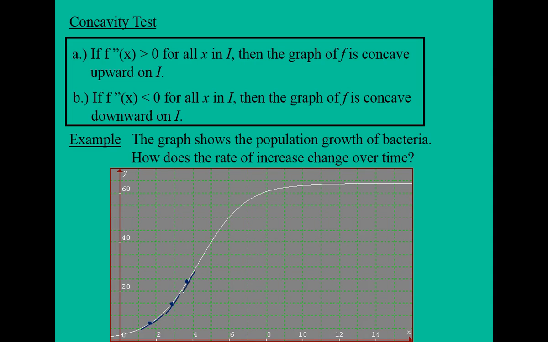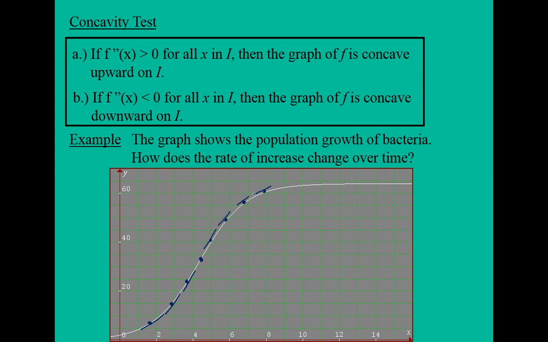And the tangent lines are below the graph, or we said earlier, the graph is above our tangent line, so it's concave upward. But do you see someplace right in here possibly that the tangent lines now would be above the graph, and they're decreasing in value?